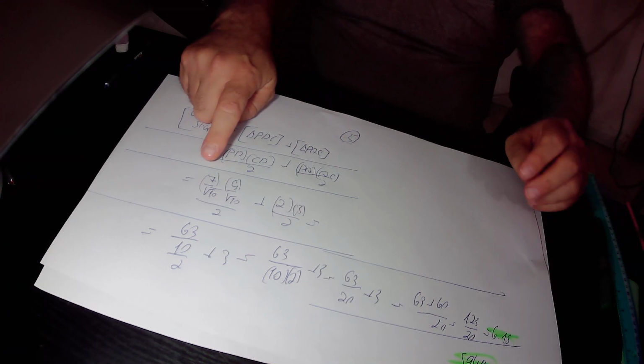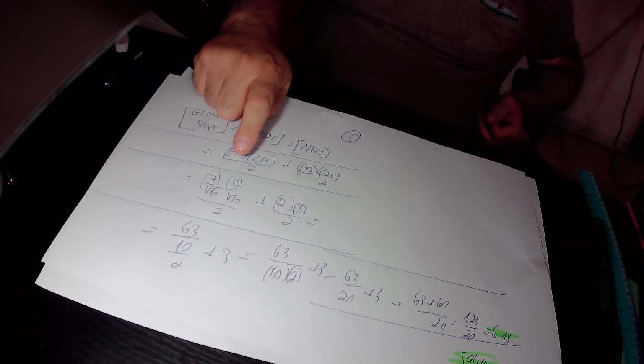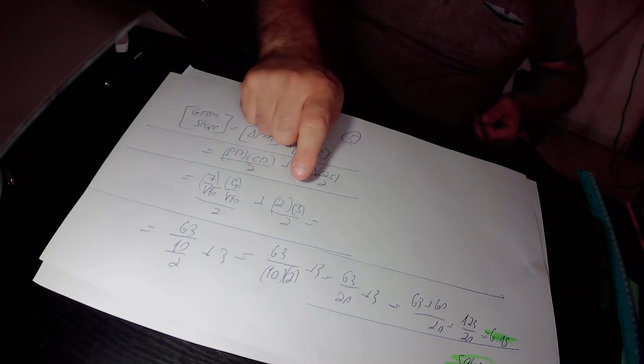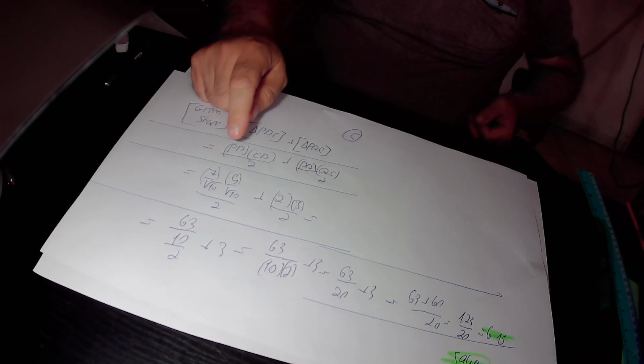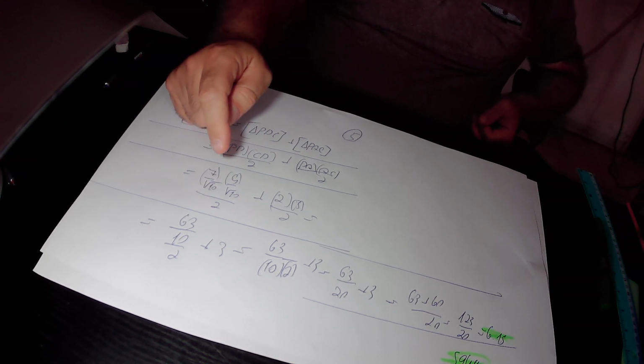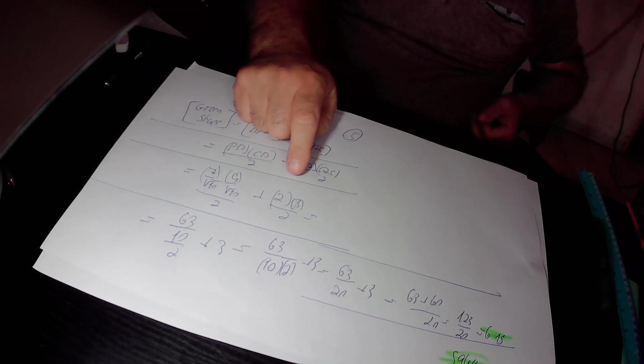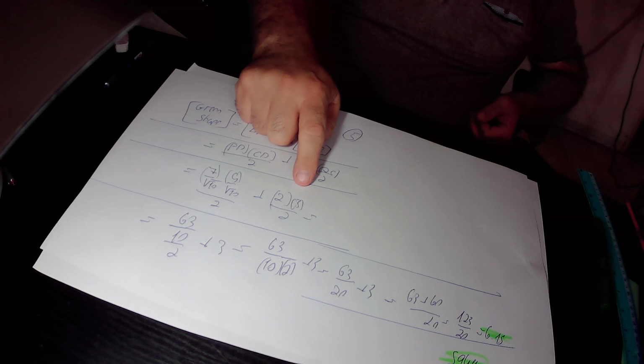PD is 7 over square root of 10, CD is 9 over square root of 10, divided by 2. PQ is 2, QC is 3, divided by 2. 7 times 9 is 63, square root of 10 times square root of 10 is 10, divided by 2. Here we have 2 in the numerator and 2 in the denominator, so the 2 will get cancelled, and we are left with 3.